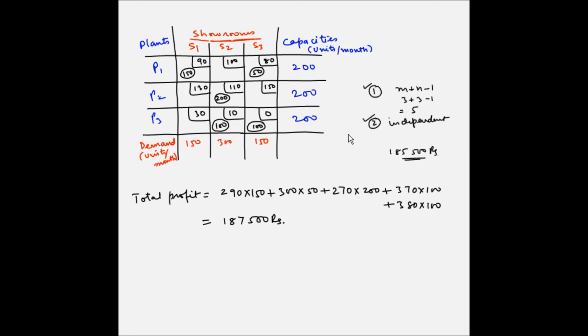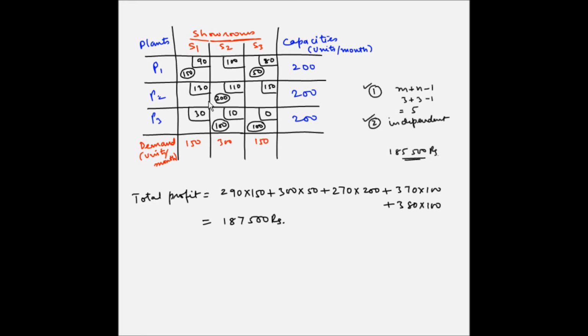So now we can proceed with the optimality test, and we'll use the stepping stone method to perform the optimality test. So in the stepping stone method, we have to proceed row by row and select the water squares, that is the squares without any allocations. So P1S2, P2S1, P2S3, P3S1 are the water squares.